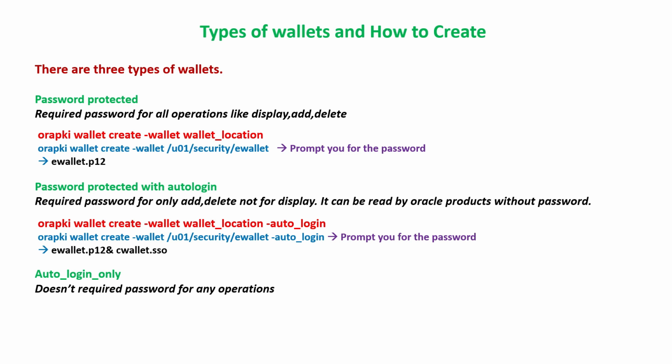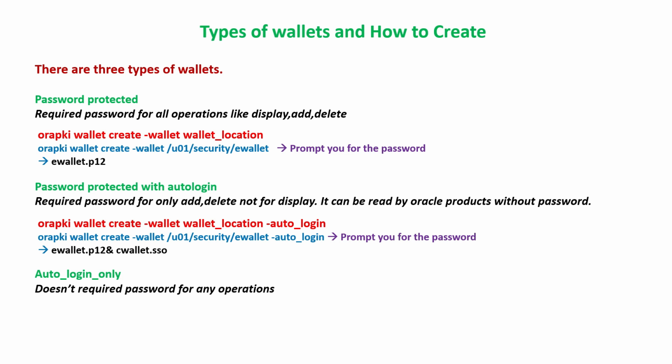Once you run this command to create the password protected auto login wallet, it will create two files inside the wallet folder, which are ewallet.p12 and cwallet.sso. So why do we have two files? Because when we create a password protected wallet, it creates the file ewallet.p12, but when we create the password protected wallet along with the auto login, it creates one additional file, which is cwallet.sso.